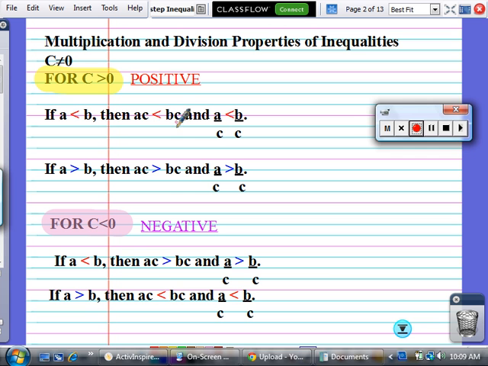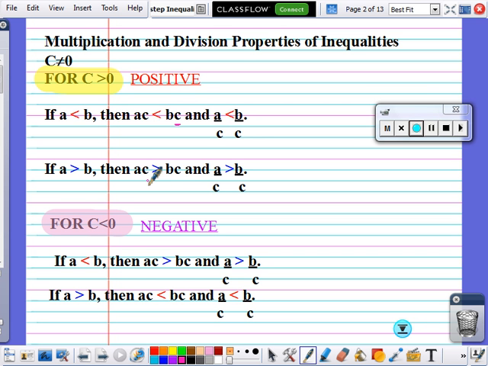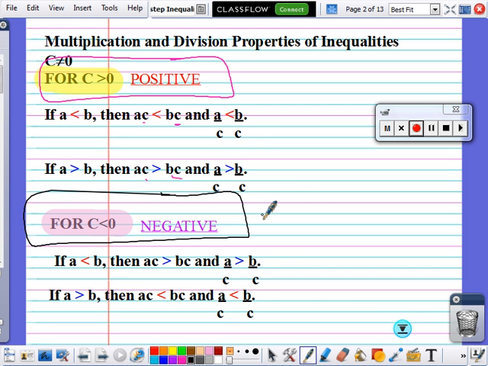When I'm multiplying both sides by C over here, as long as C is positive, less than stays less than, even when I multiply or divide. Greater than stays greater than, even when I multiply or divide. However, when what I'm multiplying and dividing by becomes negative, the symbols flip. Less than becomes greater than, and greater than becomes less than. When I multiply or divide by a negative, that's what those properties say.